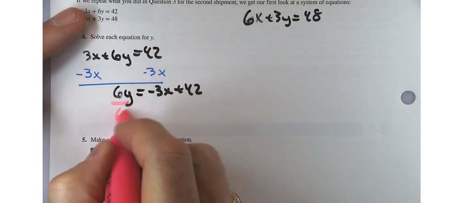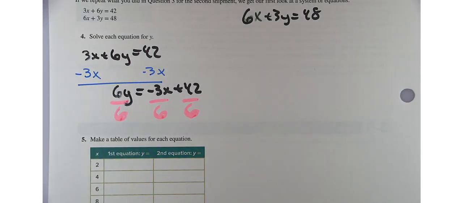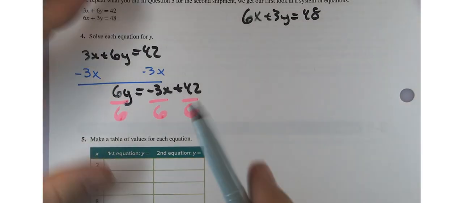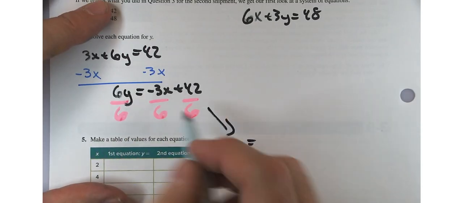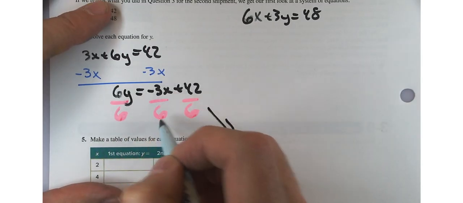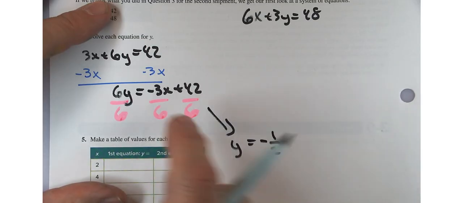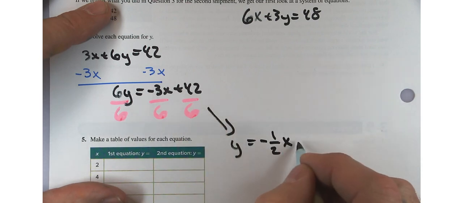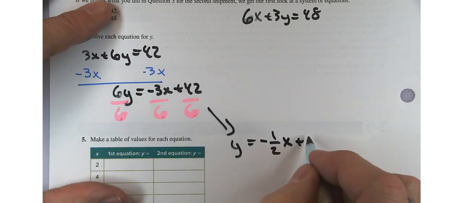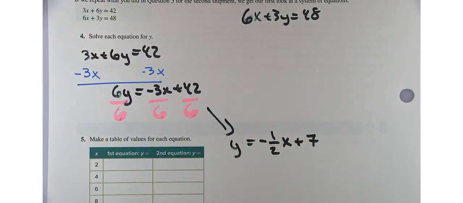Let's see what that gives us. The 6's cancel, I'm left with y. How about 3 over 6? That leaves me with 1 over 2x. And 6 goes into 42 7 times. So that's my first equation.